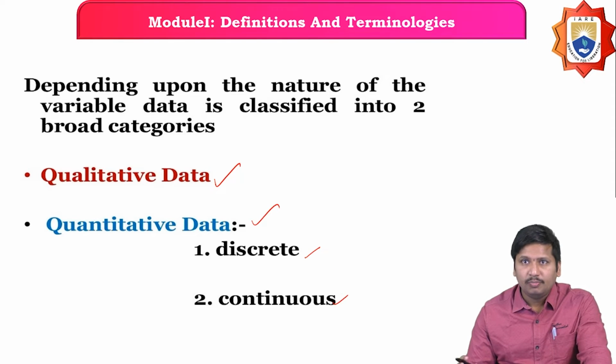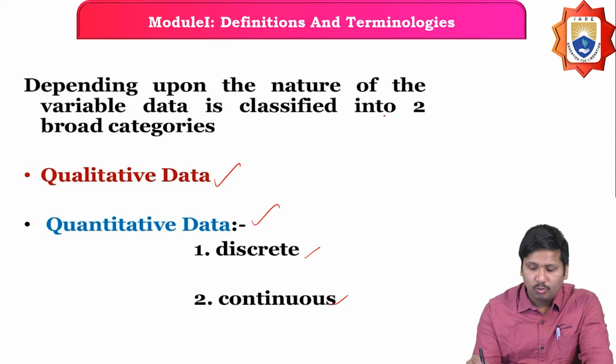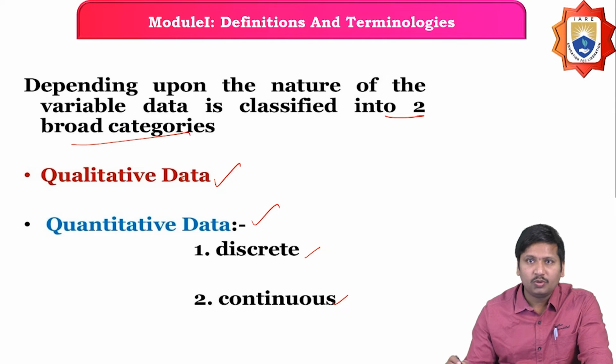Based on the nature of the variable, data is classified into two broader categories: qualitative data and quantitative data. Quantitative data is of two types: discrete data and continuous data.